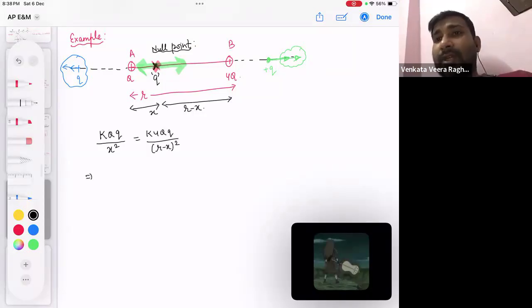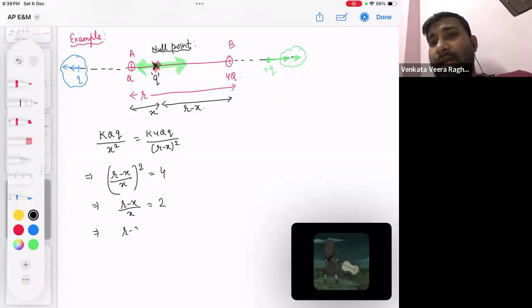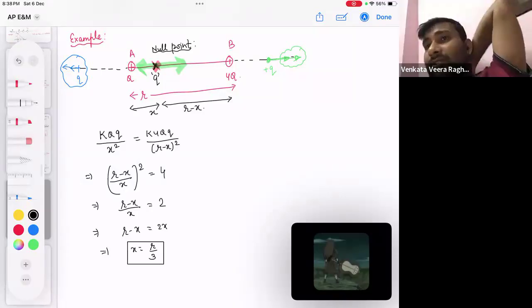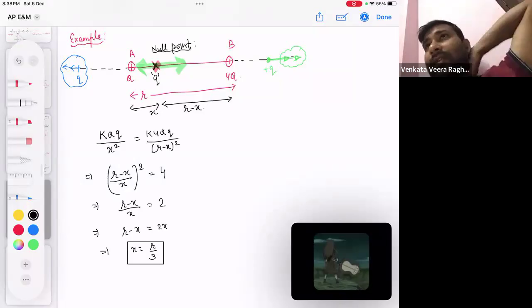K capital Q small q gets cancelled out. So we have ((R minus x) by x) whole square equal to 4, so (R minus x) by x equals 2, taking the square root. R minus x equals 2x. We are getting x equal to R by 3. So from the charge A the distance should be R by 3, and from the charge B it will be 2R by 3. Understood?